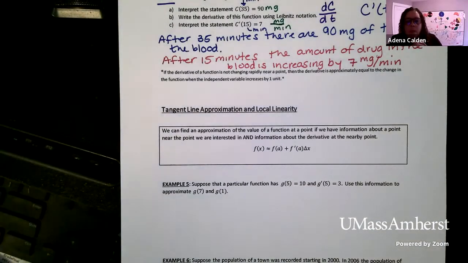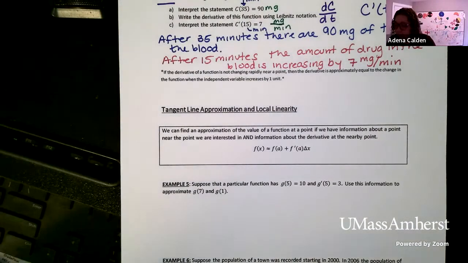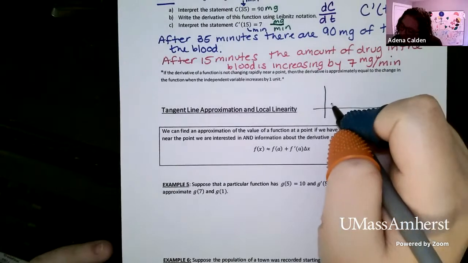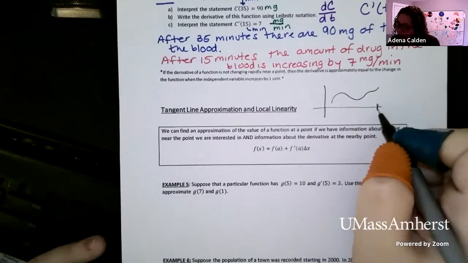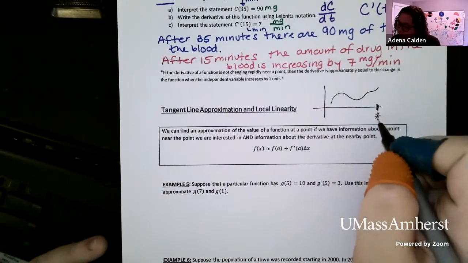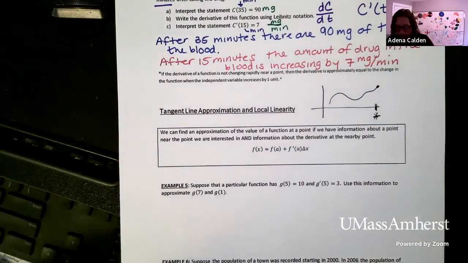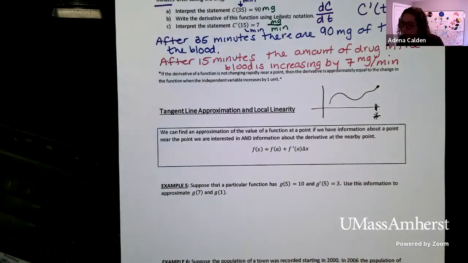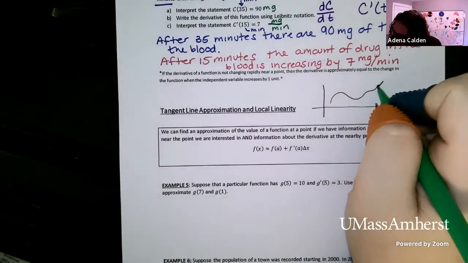The way this type of prediction works, I'm going to draw a picture to give you an idea. Let's say we have a function and we have some data that goes to this point right here. This is our point in time. This is what we know up until this point. So we're going to think about how quickly the function is changing at that point, so we have our tangent line.